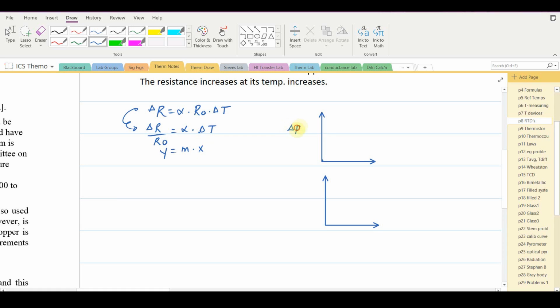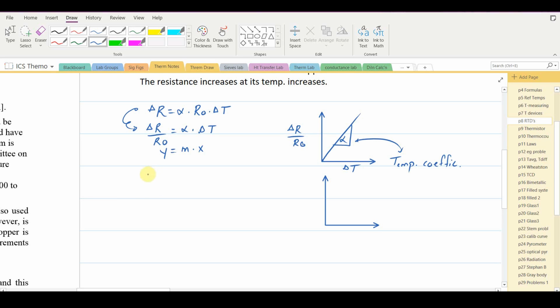So if I plot delta R over R sub 0 versus delta T, I'll have a straight line going through the origin whose slope, alpha, is shown here, and that is called the temperature coefficient. It'll be unique to each metal, and each has its own temperature coefficient.